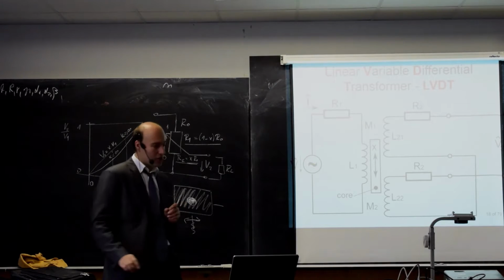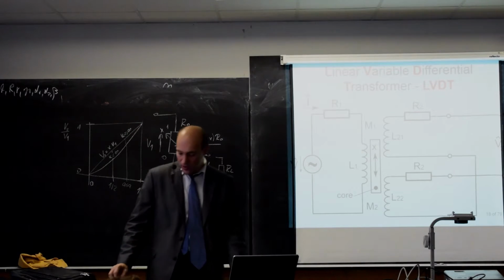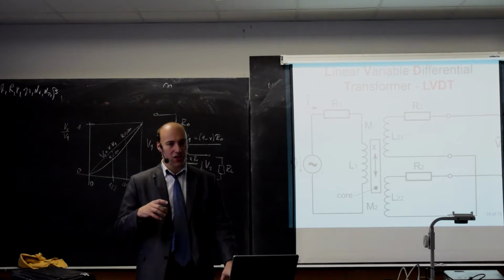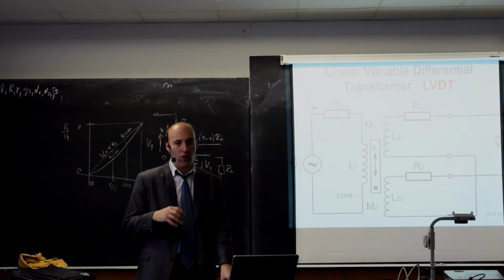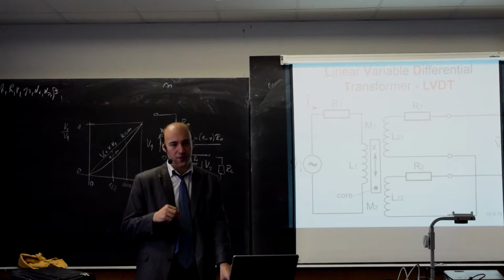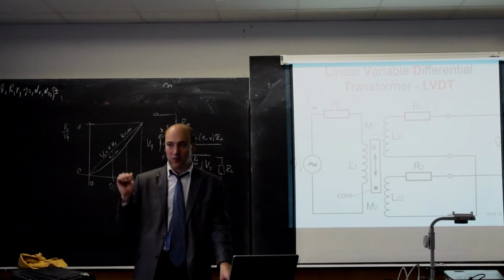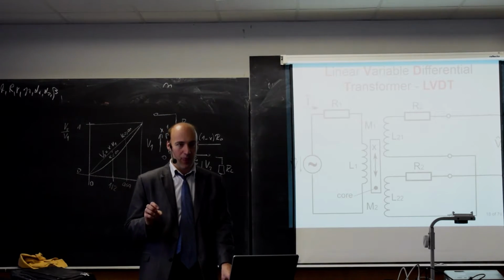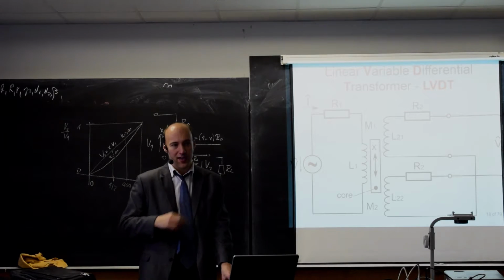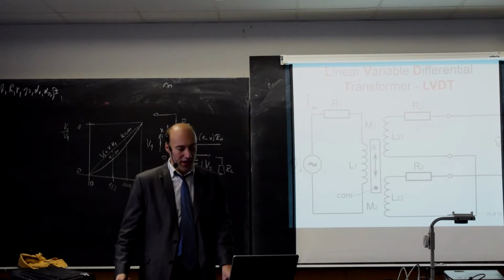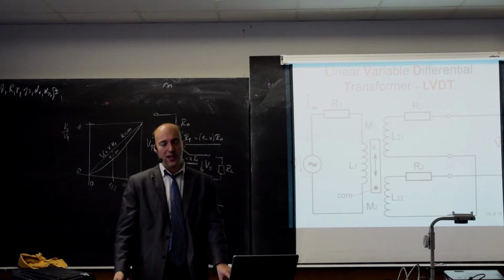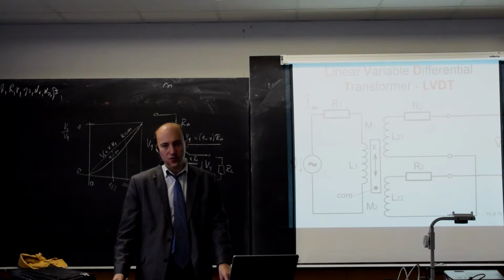Inductive sensors will use the changes of inductivity of a coil to detect position. Resistive sensors were powered by DC voltage, but inductive sensors, since we are exploiting changes of inductivity, need to be powered by AC voltage.